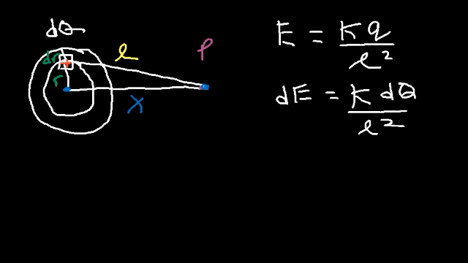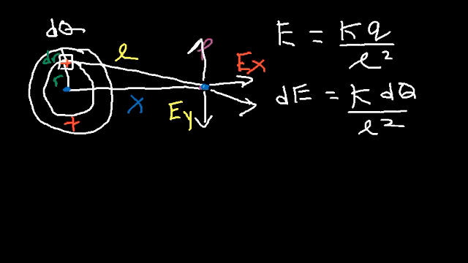Now at point P, the electric field is directed in this direction. However, it has an x component, Ex, and it has a y component, Ey. Now Ey is directed in the negative y-axis for a charge on the top. For charges on the bottom, it will create an Ey that is directed in the positive y-axis.